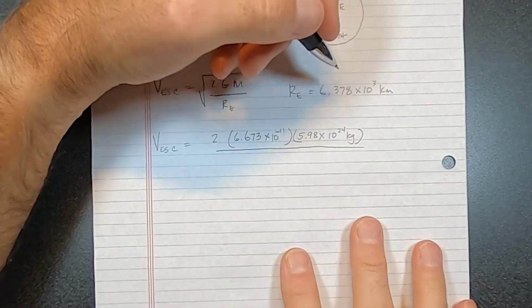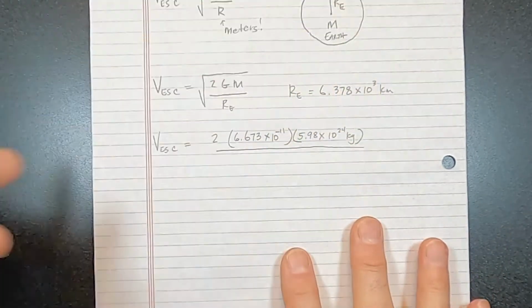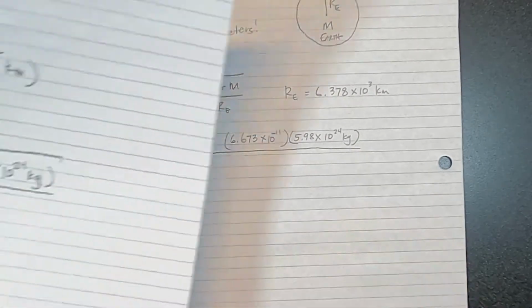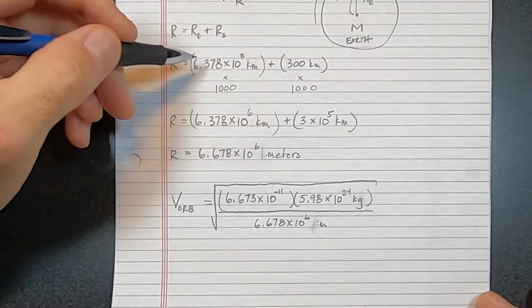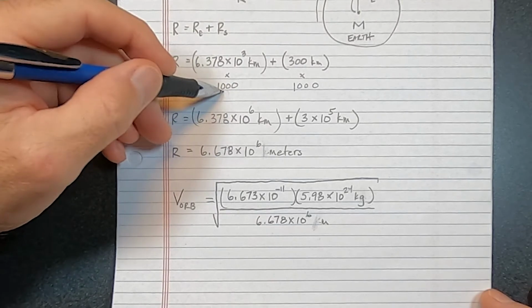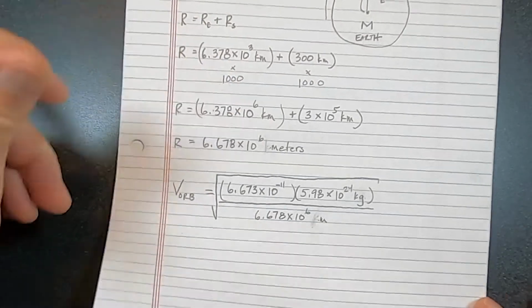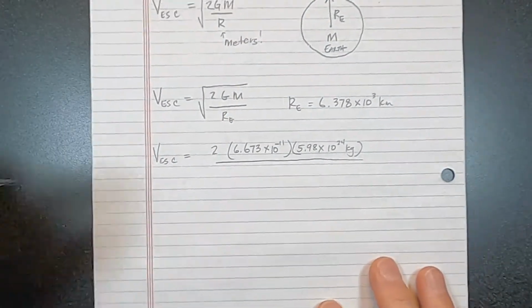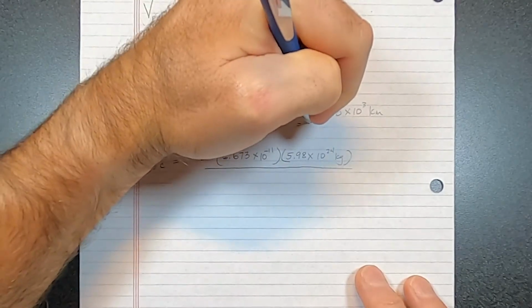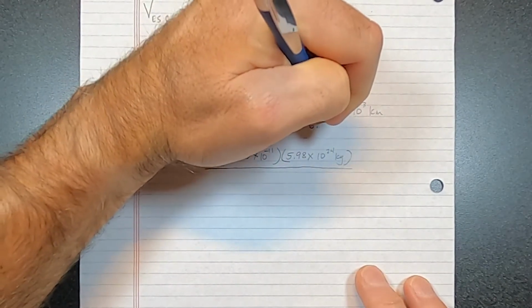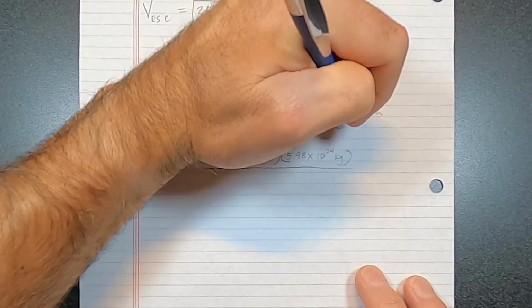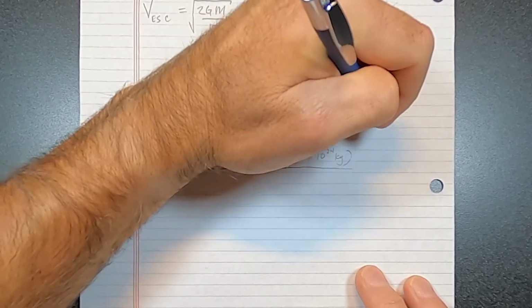But remember, it has to be in meters. And if you remember from your previous step, we had to take this number, multiply it by 1,000 to get this number. So in meters, it's 6.378 times 10 to the 6.